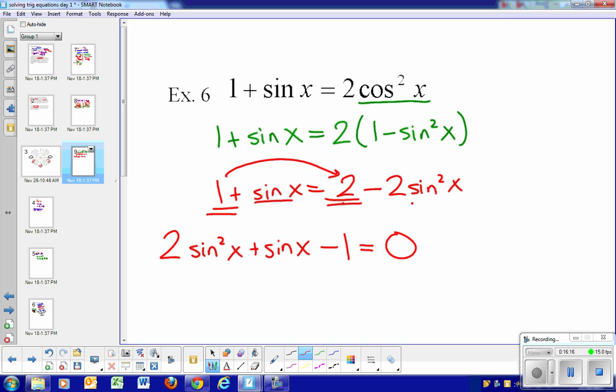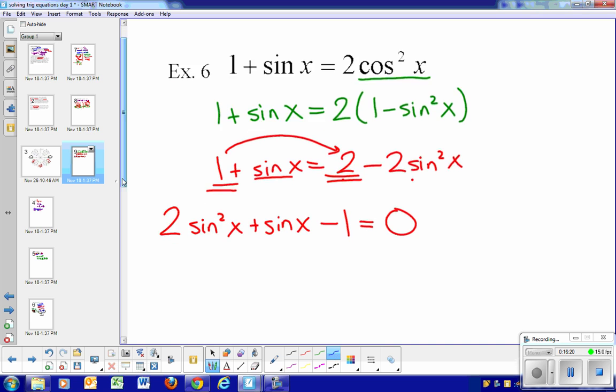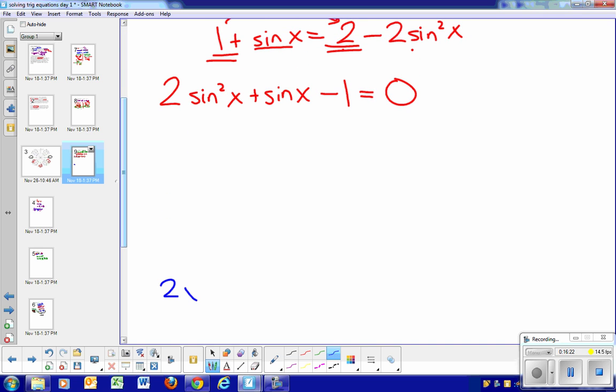It's just like having 2x squared plus x minus 1 equals 0. If you think of how that factors, you need a 2x and an x. You need a 1 and a 1. You need the middle term to be positive 1 and the back term to be negative 1. And that should do it. That's the factored form.